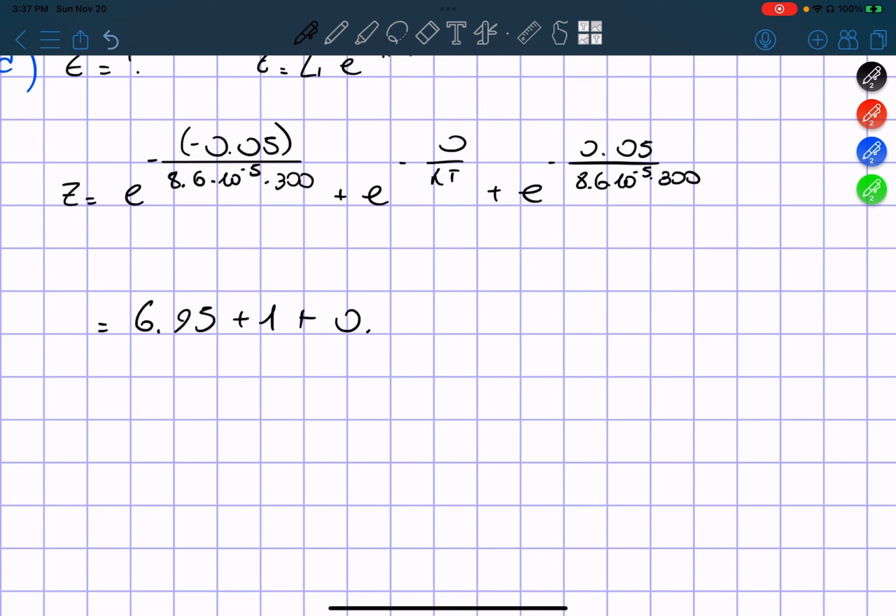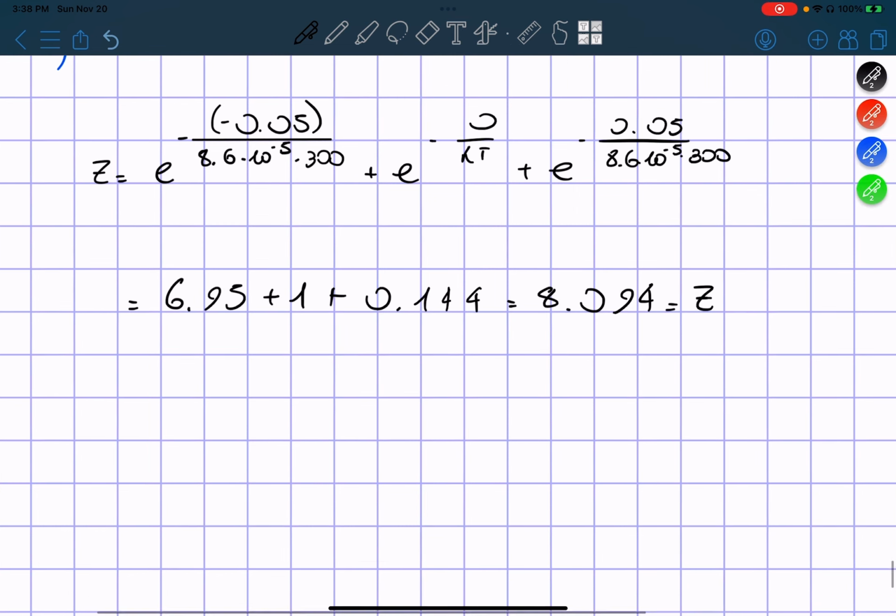So it's 0.144. So in total we have 1 plus 6.95 plus 0.144, which is equal to 8.094. This is our Z. So we calculated that.